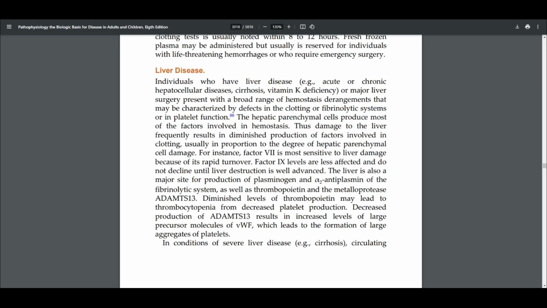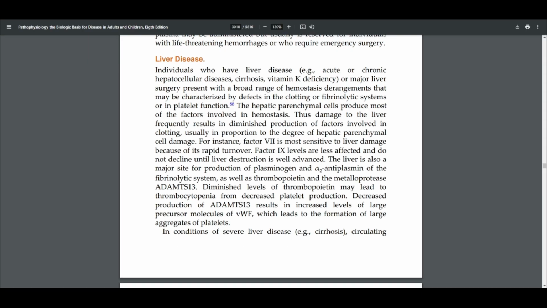Liver disease. Individuals who have liver disease or major liver surgery present with a broad range of hemostasis derangements that may be characterized by defects in the clotting or fibrinolytic systems or in platelet function. The hepatic parenchymal cells produce most of the factors involved in hemostasis.